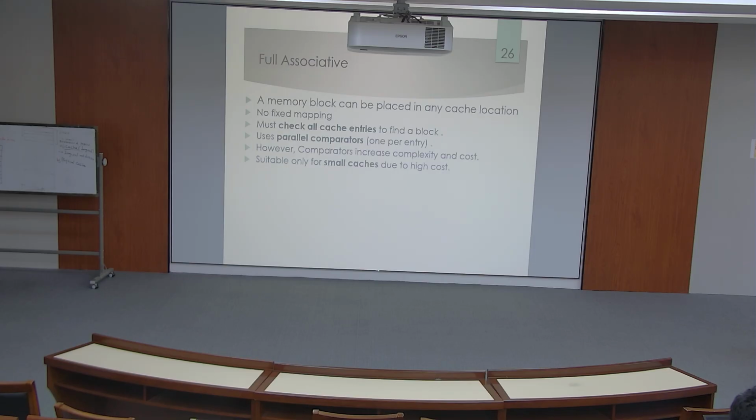It has to use parallel comparators, one per entry. However, this technique has to use many comparators, which increases the complexity of the system and also increases the cost. It is suitable for small caches due to its high cost.